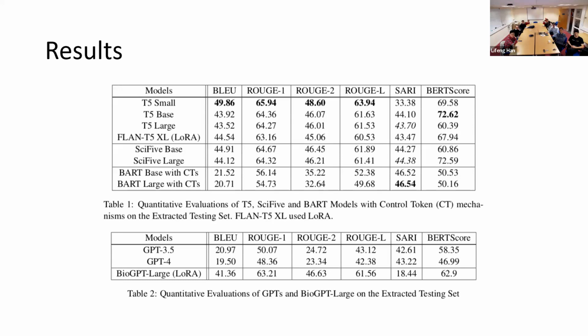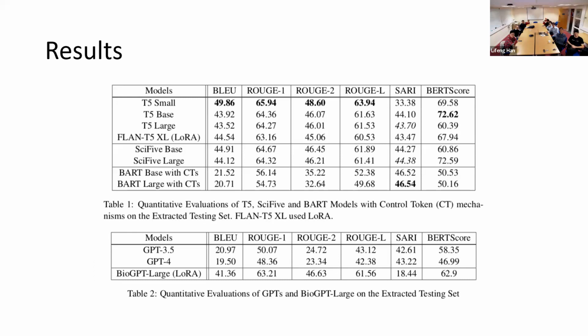And then if we look at table 2, that is GPT models with one-shot GPT 3.5, GPT 4, and a BioGPT that is trained using PLABA data, also using LoRA because it is too large for us to run. You can see the SARI score is 40 plus for the GPT models, 3.5 and 4.